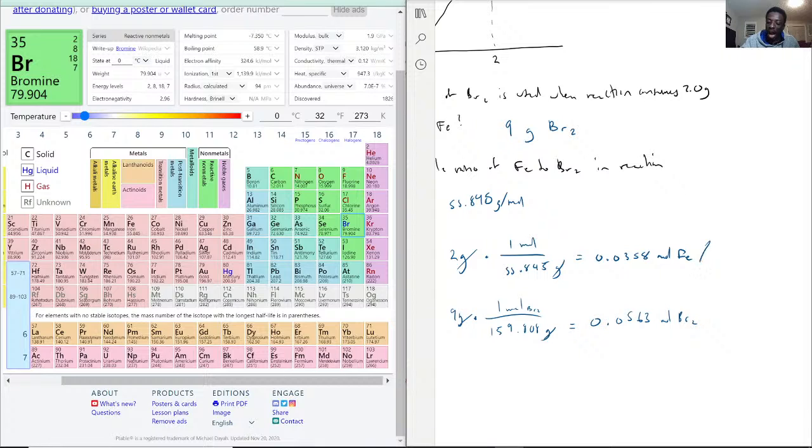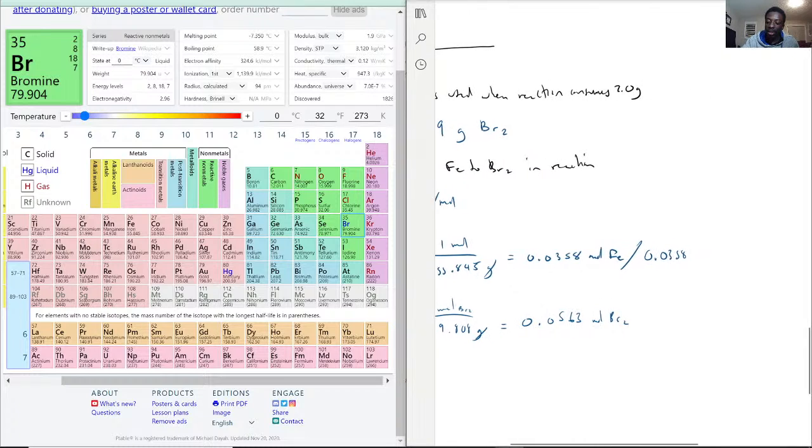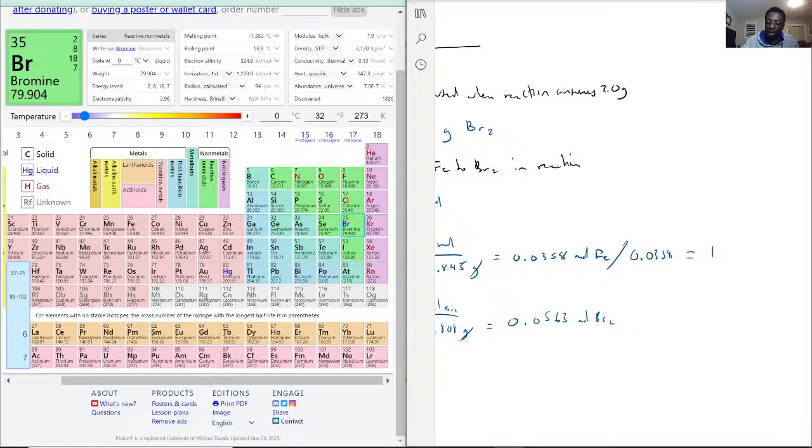If we divide these together to get the ratio, we divide the iron by the lowest number, so that's 0.0358, to get a ratio of 1. This ratio here is going to be 1 to about 1.57.